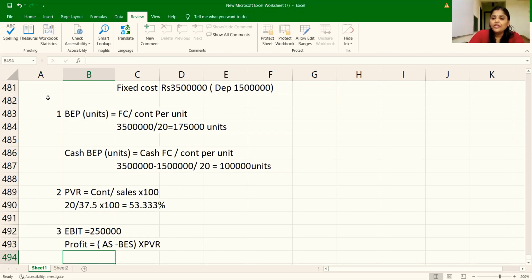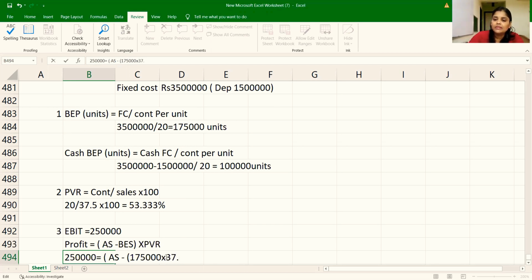What is the profit you require? 2,50,000. What is the actual sales? That is what we have to find out. And what is the break-even sales? Break-even sales here we got 1,75,000. But that 1,75,000, students, is in terms of units. You have to convert that in terms of rupees. So that will be multiplied by your selling price.